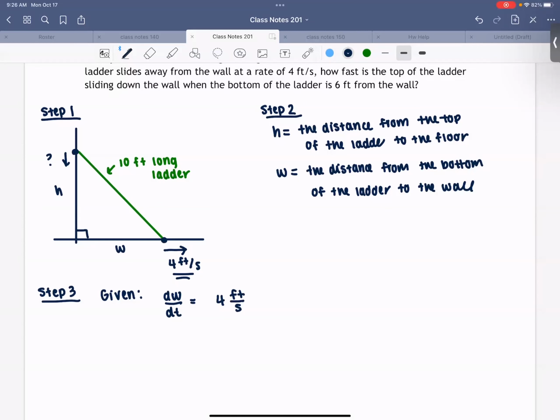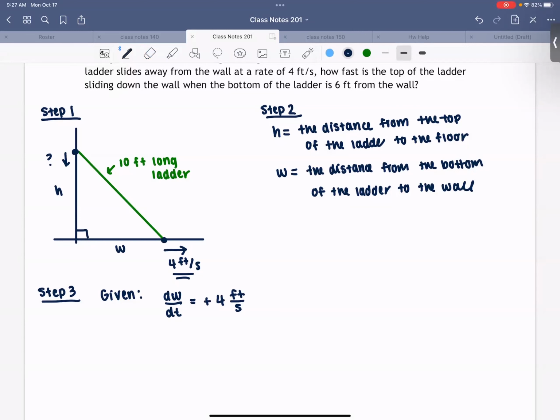Is my width increasing or is it decreasing? It's increasing, right? The distance from the bottom of the ladder and the wall is actually getting bigger as the ladder is sliding to the right, okay? And I don't know why, but it's easier for me to think of it as distance when I think about positive or negative instead of thinking about the width. So this is actually +4.